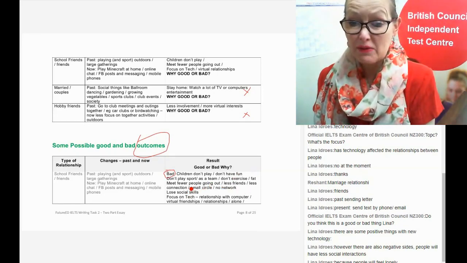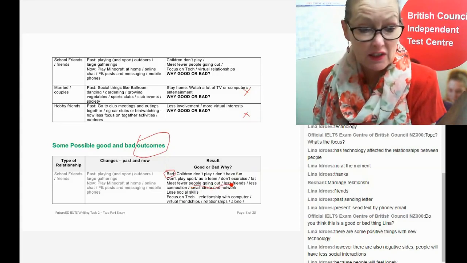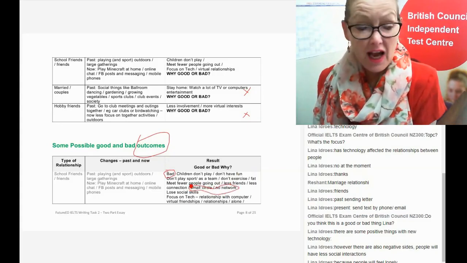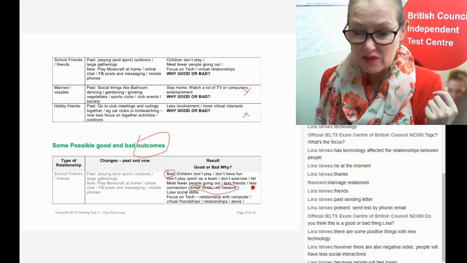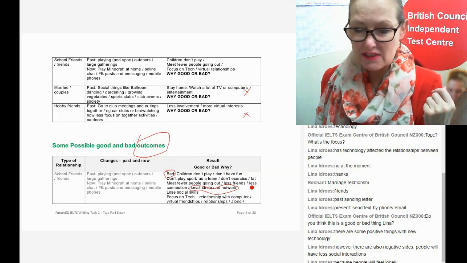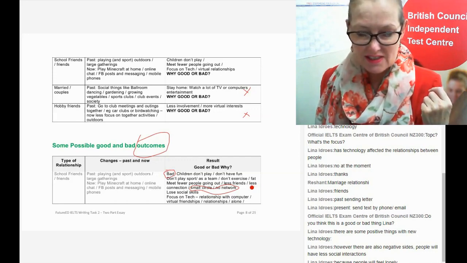Definitely, yes. People could very definitely feel lonely and isolated, couldn't they? Good. All right, so let's have a look at the next slide.